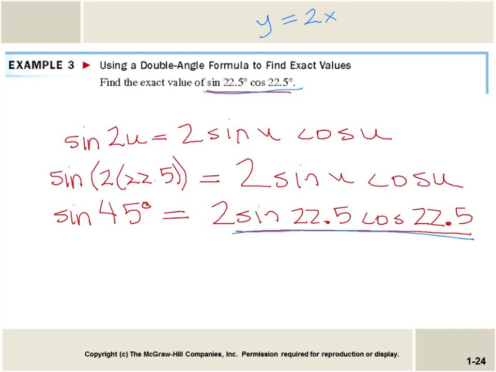Yeah, I just divide both sides by 2, right? And now I have sine 22.5 cosine 22.5 equals sine 45 over 2.